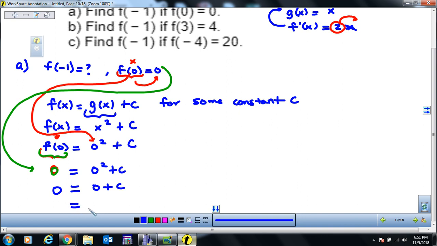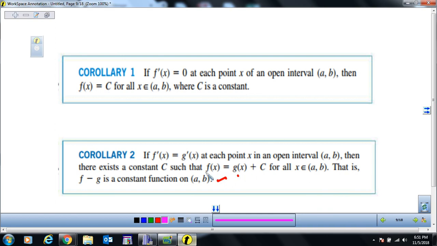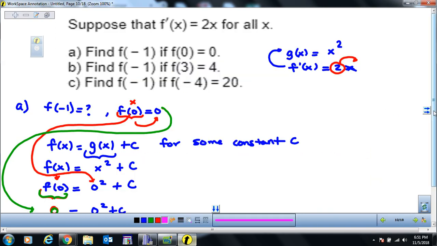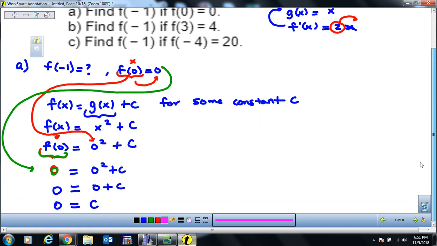So if you solve for c, c is equal to 0. That is the constant that was missing in this equation. All I was doing here was using this part to find the value for c, the specific constant number that would satisfy that equation.